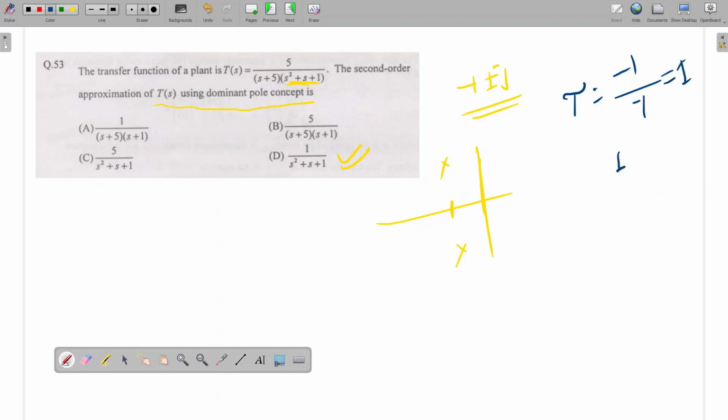If 1 divided by 5 we are doing, that is 0.2.